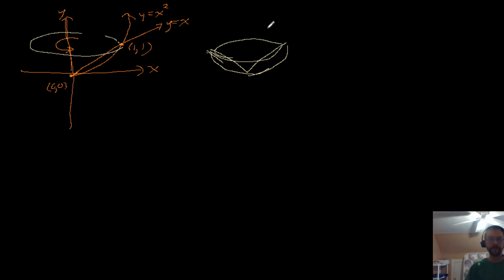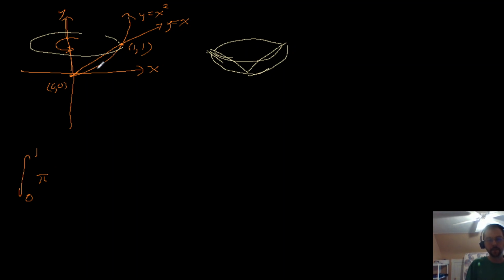And to set this one up, it's basically the same as last time. Just like with finding the area between two curves, when we're finding the volume between two curves, you take the one minus the other. So the integral from 0 to 1 of pi r squared.